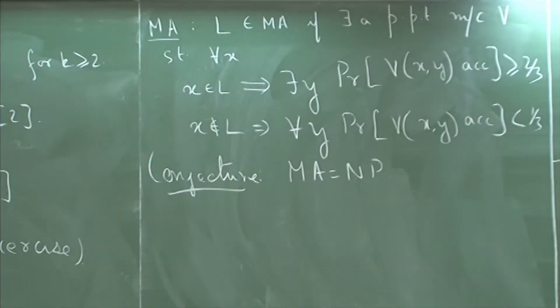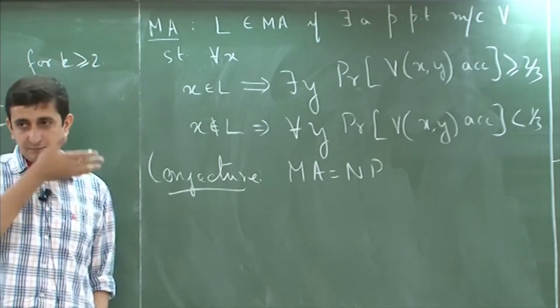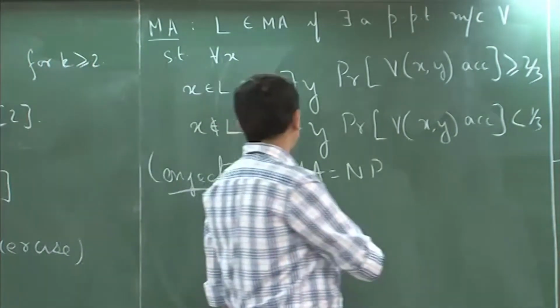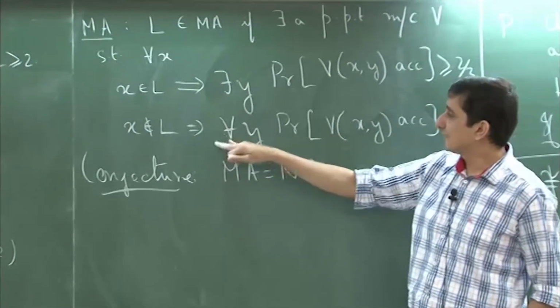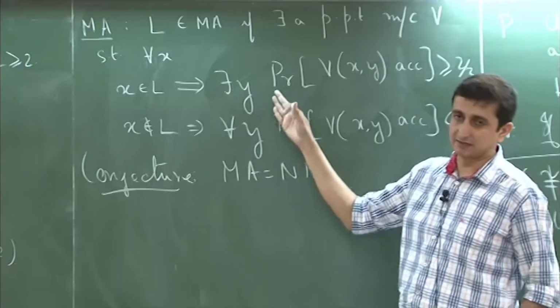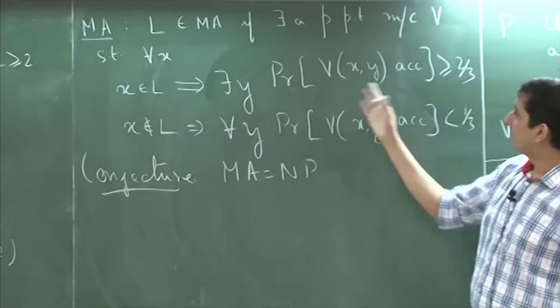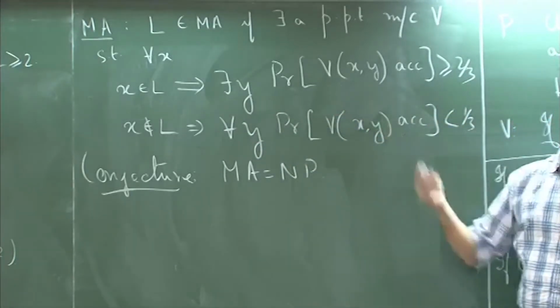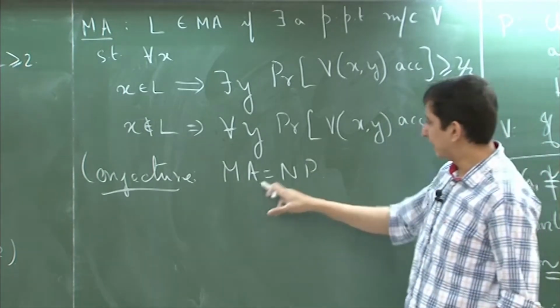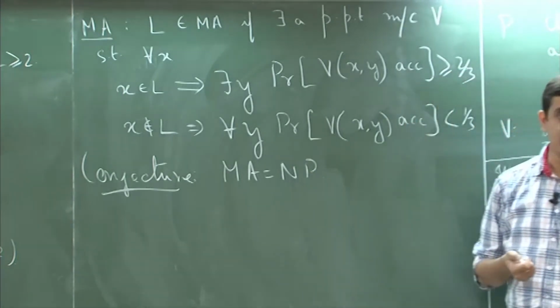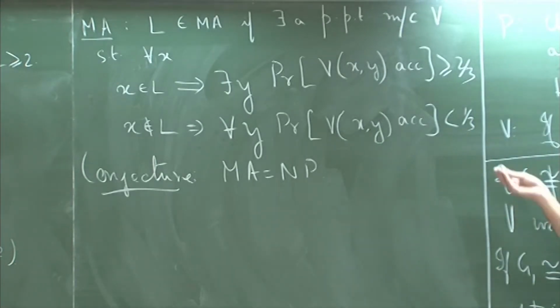Again BPP is contained in MA, because given an x, if it just does not use the answer y that Merlin sends Arthur, this machine is just a BPP machine. So, by definition MA contains NP as well as BPP, but it is also conjectured that these two classes are the same.